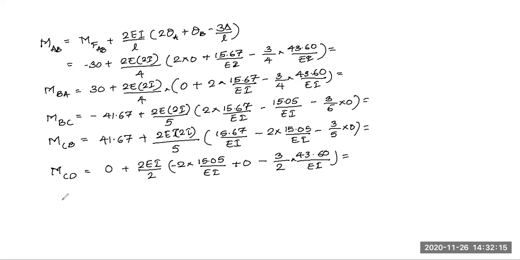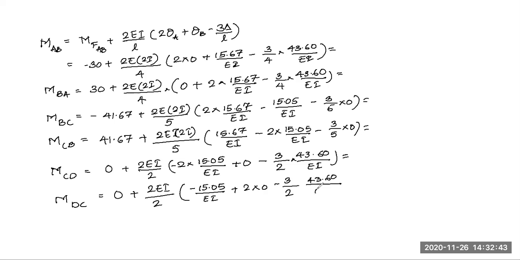So this is for MCD. And finally MDC, which is MFDC 0 plus 2 EI by L into theta C, minus 15.05 divided by EI, plus 2 times theta D, 0, minus 3 delta, 43.60 by EI, upon L, which is 2 meters here. So these are the final moments.